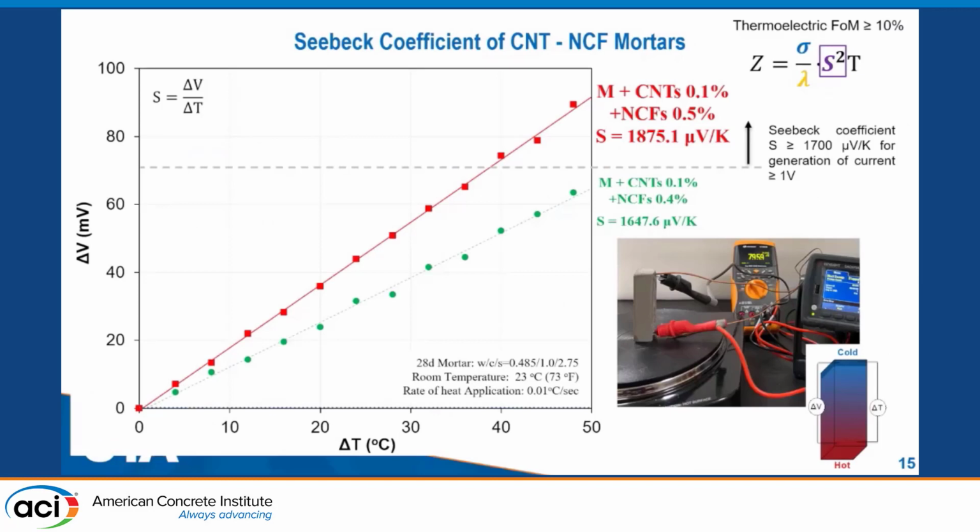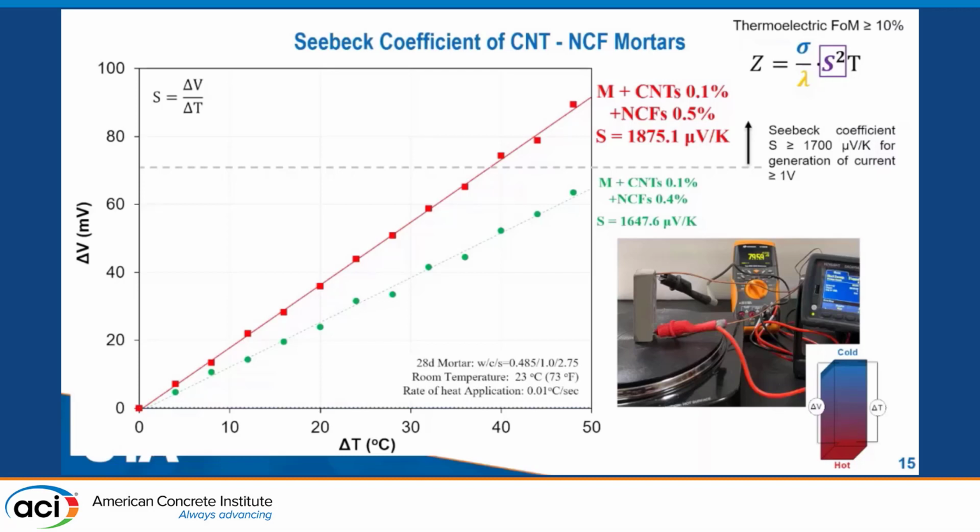So keeping these two samples, mortars with CNTs 0.1 and nanocellulose fibers 0.5, and CNTs 0.1 and nanocellulose fibers 0.4, we prepared a custom-made experimental setup to measure the Seebeck coefficient, which is the thermoelectric power generation ability of the material.